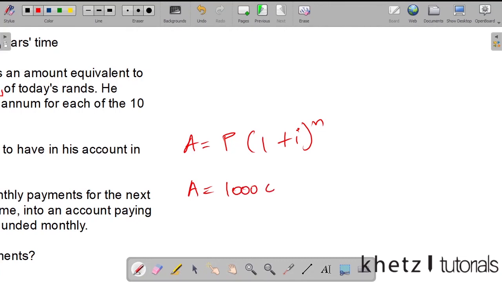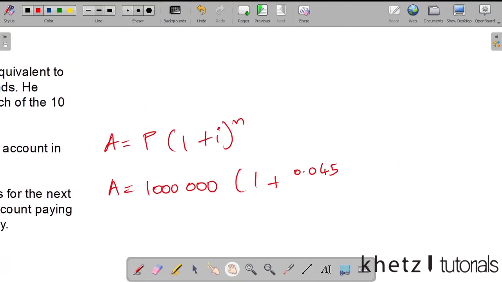So our principal amount would be that R1,000,000, and we have the interest, so it's 4.5% per annum, and we are gonna have that over 10 years.